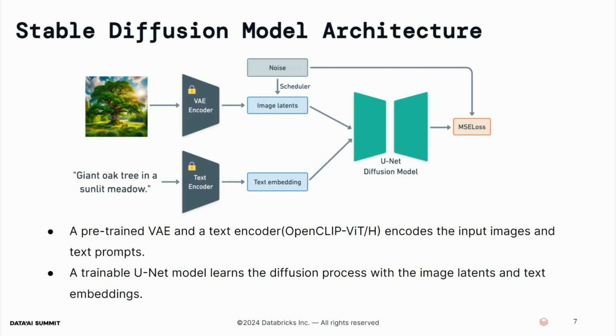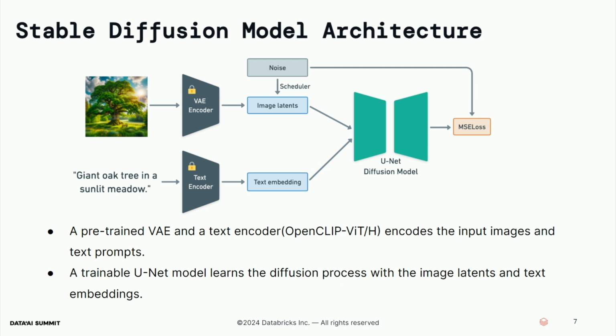So here I show the overall architecture of the Stable Diffusion model. It contains 3 submodules: the VAE image encoder, text encoder, and UNet model. The VAE encoder and text encoder will encode your input image and your text prompt into image latents and text embedding.